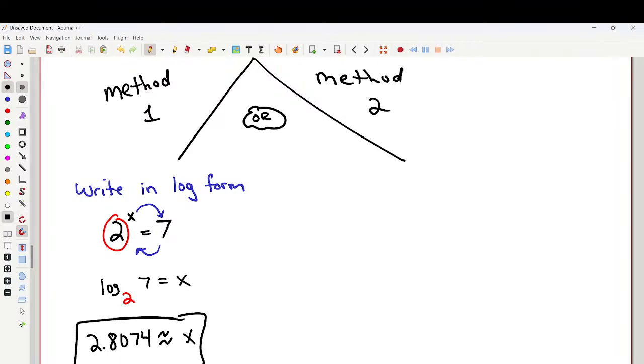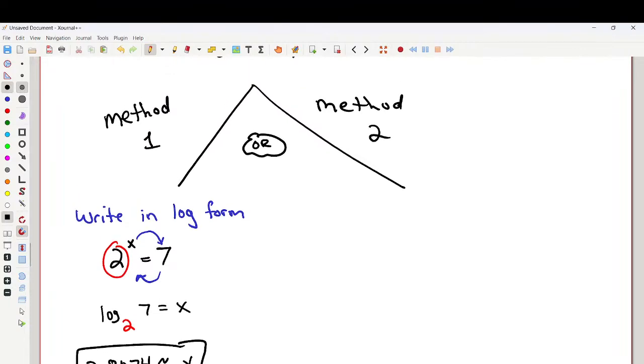That's pretty straightforward. I kind of like that method, but it's not typically what most teachers do, and I understand why. So I'll cycle back to that shortly.